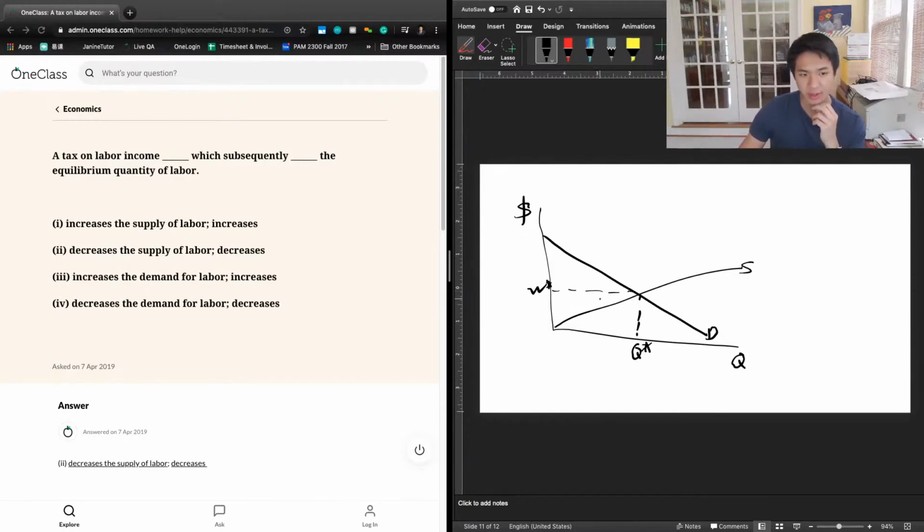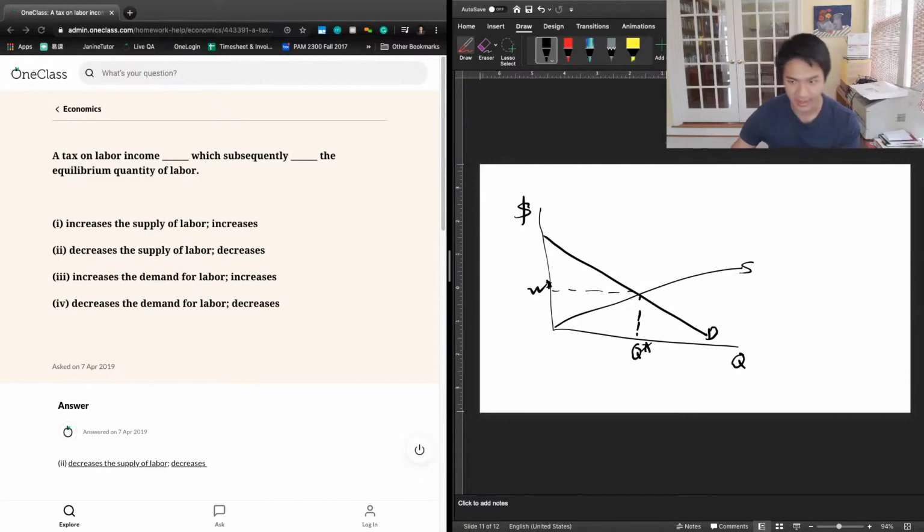The next question is, okay, if it affects the supply curve, does it increase the supply of labor or does it decrease the supply of labor? And again, we have to think, well, income tax is going to reduce the amount of money that people take home when they are paid a certain wage. And in that fact, it decreases the incentive to work. So it's going to be a factor or determinant that decreases the supply of labor, right?